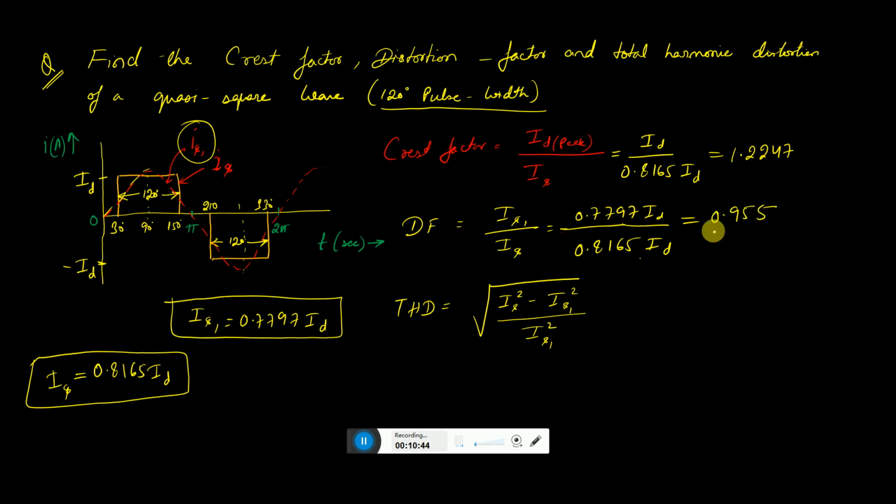0.955. That's the value of the distortion factor, and THD will be, let us see, I'll put the value of IS here. Ids will cancel each other.